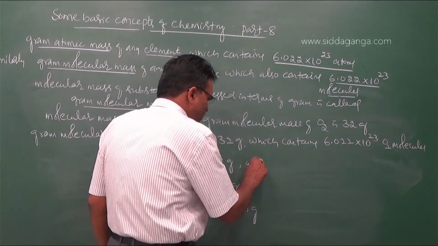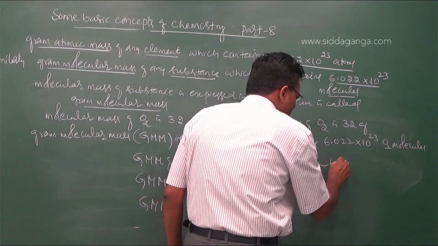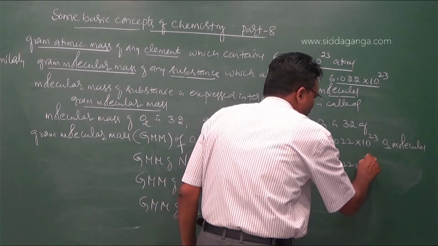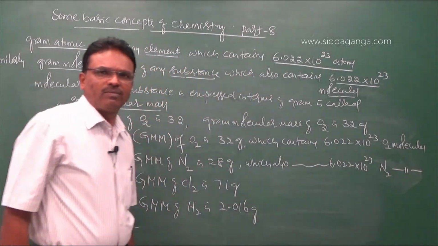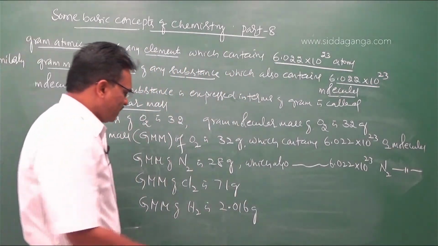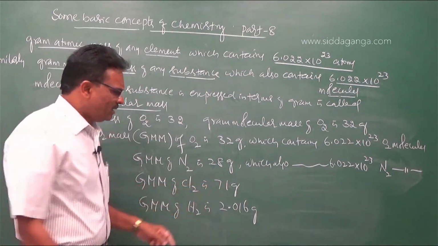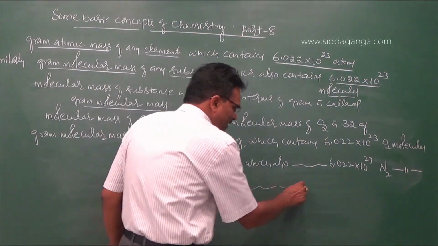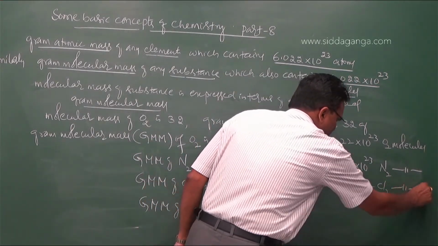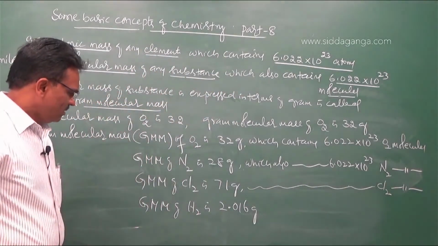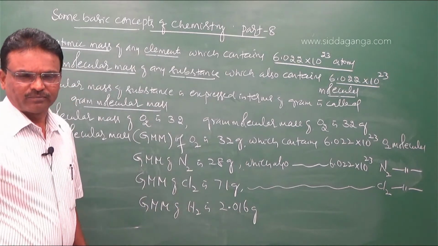So which also contains 6.022 into 10 to the power of 23 N2 molecules. Similarly, gram molecular mass of chlorine is 71 gram. 71 gram of chlorine also contains Avogadro number of chlorine molecules. 2.016 is the gram molecular mass of hydrogen.